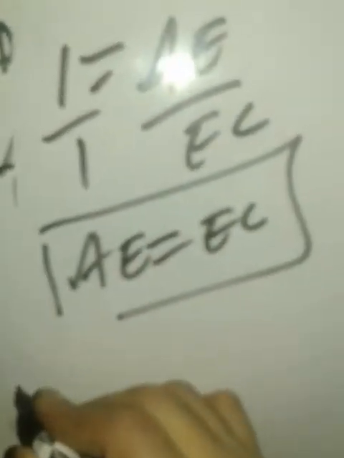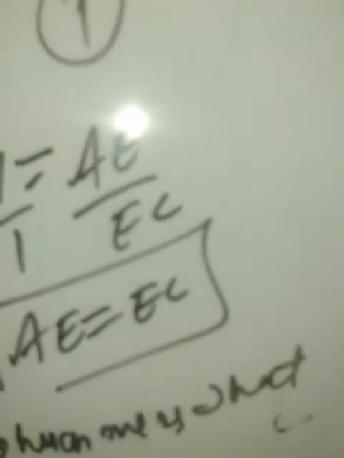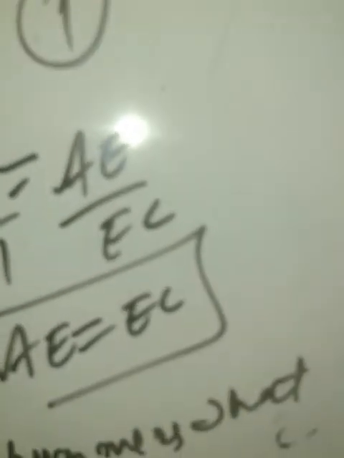If AE equals EC, it means E is the midpoint of AC, because the line segment AC has been divided into two equal parts. That is AE equals EC. It means E is the midpoint of AC. That was the question which you were supposed to prove.